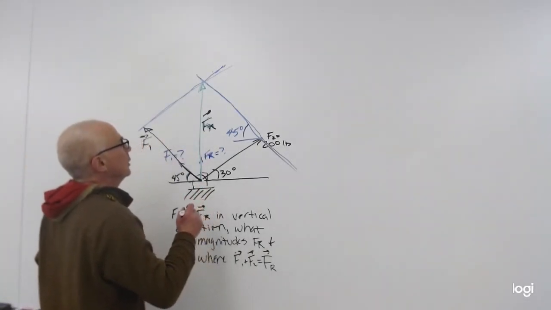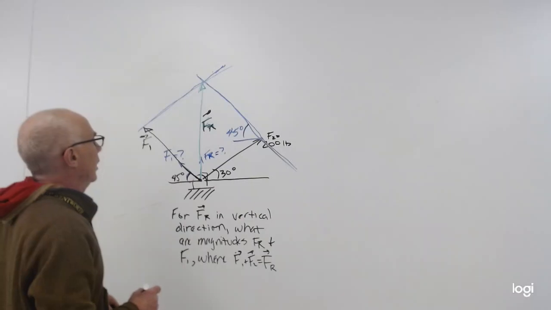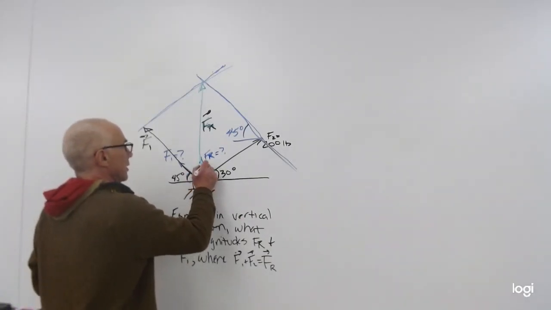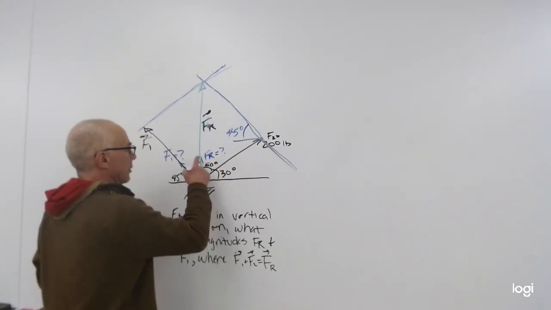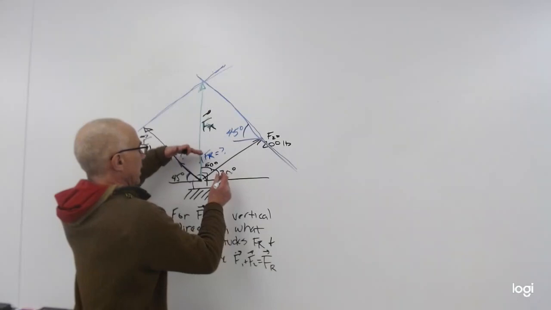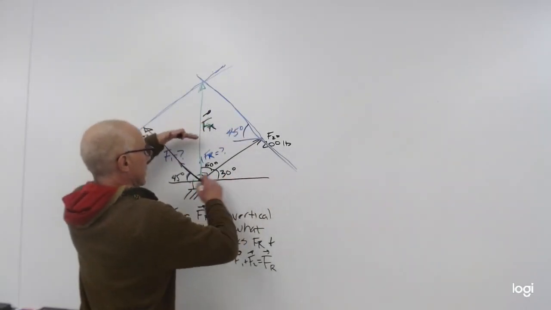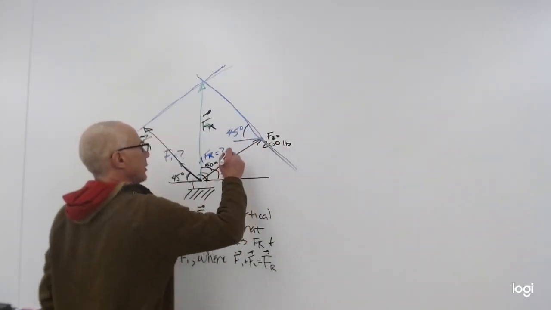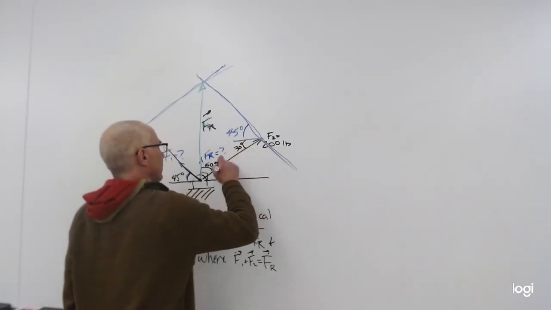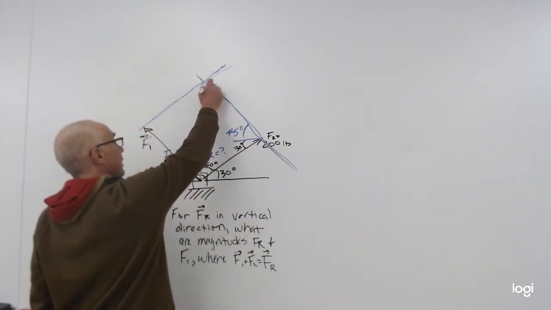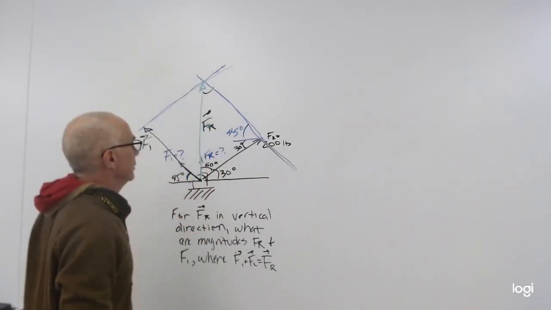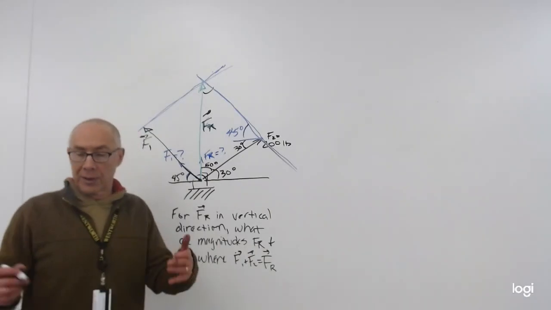So what else do we know here? This is 30 degrees. This is going to be 60 degrees, because 30 plus 60 is 90. And this one, because we have two parallel lines and we've drawn this line through them, we know to be 30 degrees. So that's 75. We could come up with this, but I don't think we actually need that value, so I'm not going to bother. Now we can use the sine law.